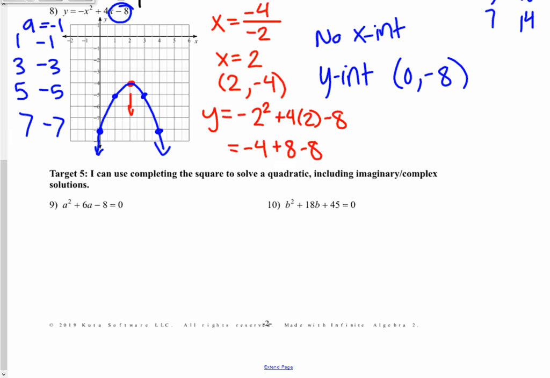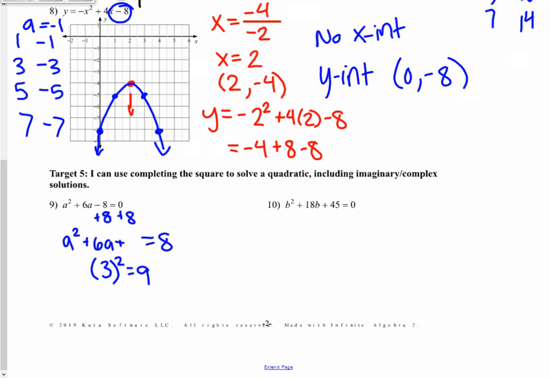Down on the bottom, 9 and 10 are a review of target 5, completing the square. Remember, when we complete the square, if you want to draw your shapes, you're more than welcome to do that. I'm going to start always by adding my constant over. So a squared plus 6a equals 8. We have to take half of our middle term, which is 3, and then we had to square it, which is 9.